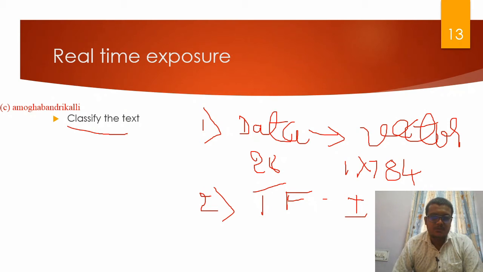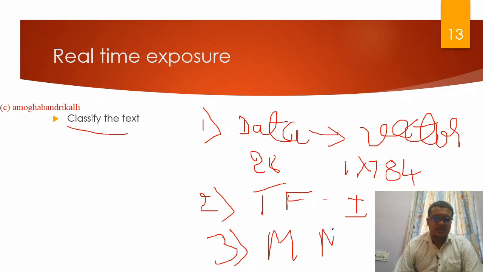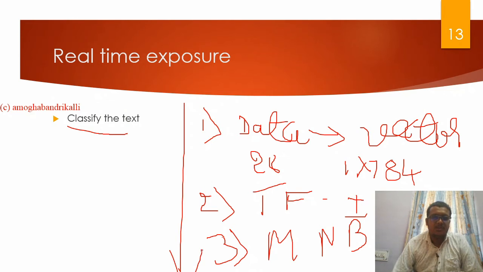This was one of the vectorization methods used to convert your text to a vector format. In the third step, we are using multinomial Naive Bayes to classify the respective text. So these are all the steps being used in our programming.